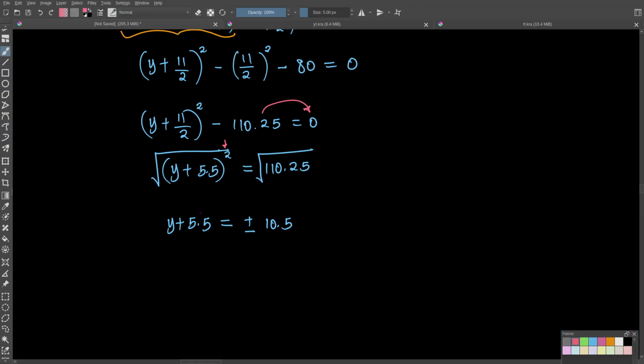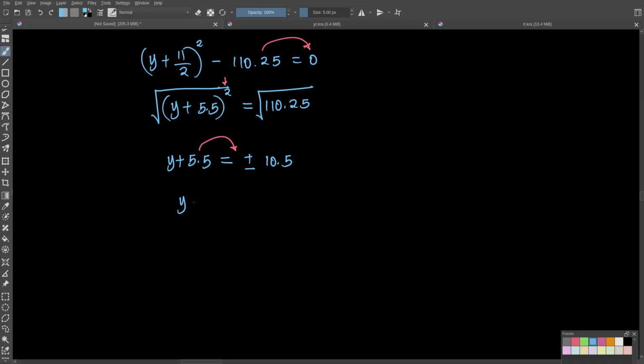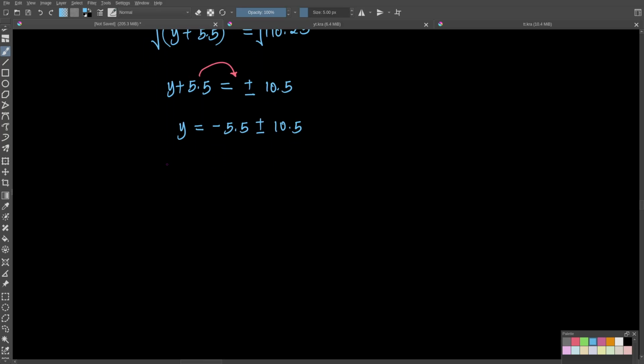To find the value of y, let's take this 5.5 to the right. Okay. So on the left, we have y is equals to, when the 5.5 goes to the right, it becomes negative. So negative 5.5 plus or minus 10.5. So this means that either y is equals to negative 5.5 plus 10.5, or y is equals to negative 5.5 minus 10.5.